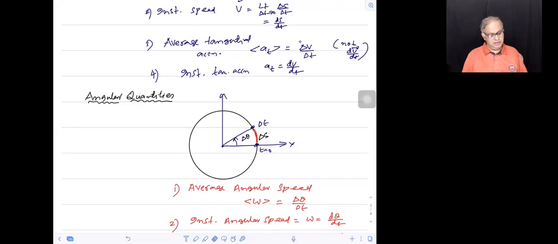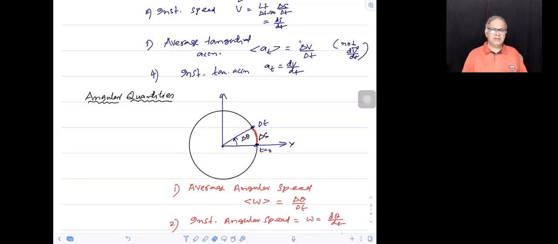Another is linear velocity, or linear speed, the magnitude of linear velocity. In that too, average and instantaneous. Then curvature: average radius of curvature and instantaneous radius of curvature.